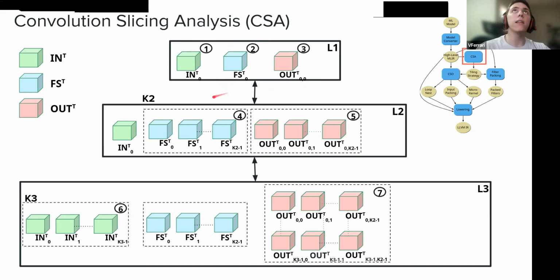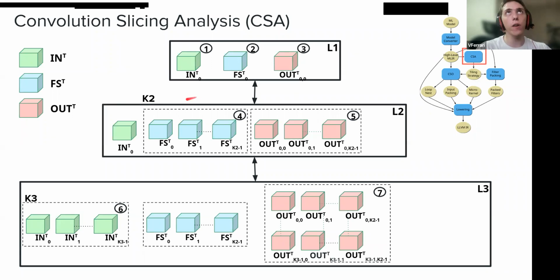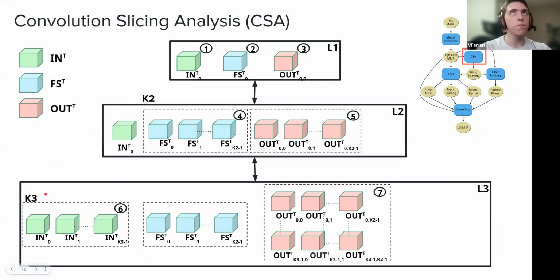Then the two values are calculated for the distribution over the cache hierarchy, the K2 and K3 values. The K2 value is used to determine how many filter tiles fit into the L2 cache at the same time. So you maximize this value so that you can store as many filter tiles in the L2 cache at once.